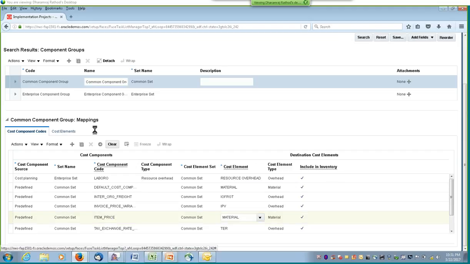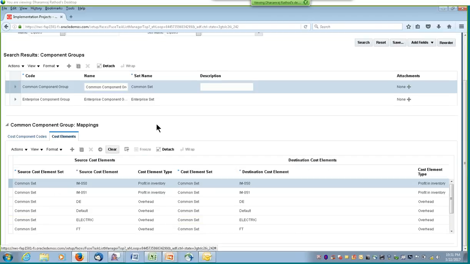But when you move the transactions from one inventory to another, or one organization to another, in the ideal case, all your organizations would be using the same reference data sets, which you talked about. If they don't use the same reference data set, you'll have to map the source cost element to the destination cost element. So let's say you are trying to move the transactions or inventory from organization 001 to 002, but they don't share the same reference data set.